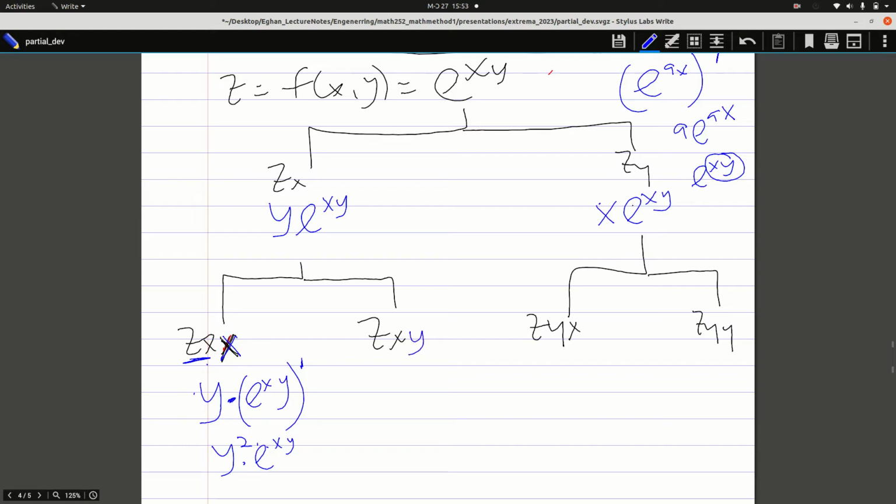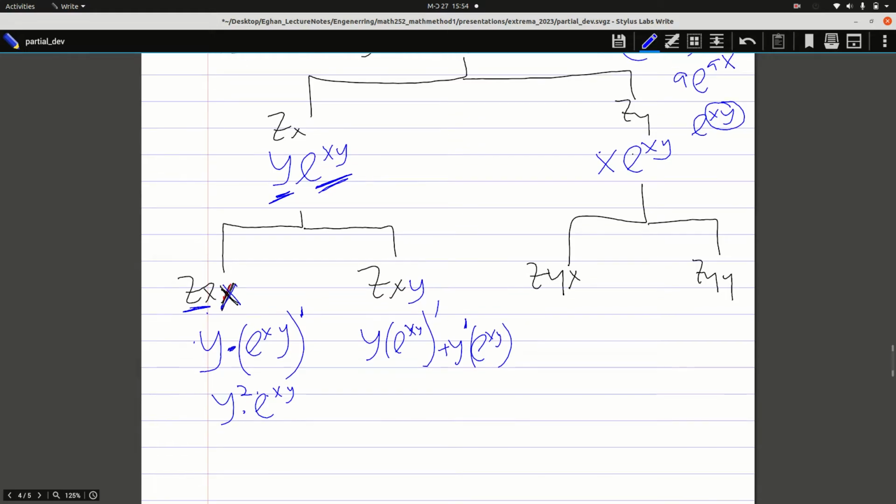Here I'm searching for f_xy. f_xy means that this is where the product rule comes in, because I have two terms, both with y. So I maintain the first y and differentiate this guy, plus I maintain e^(xy) and differentiate y.